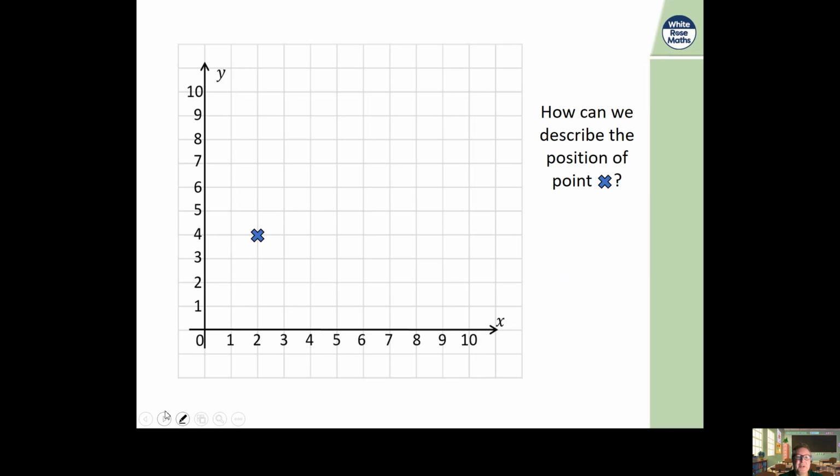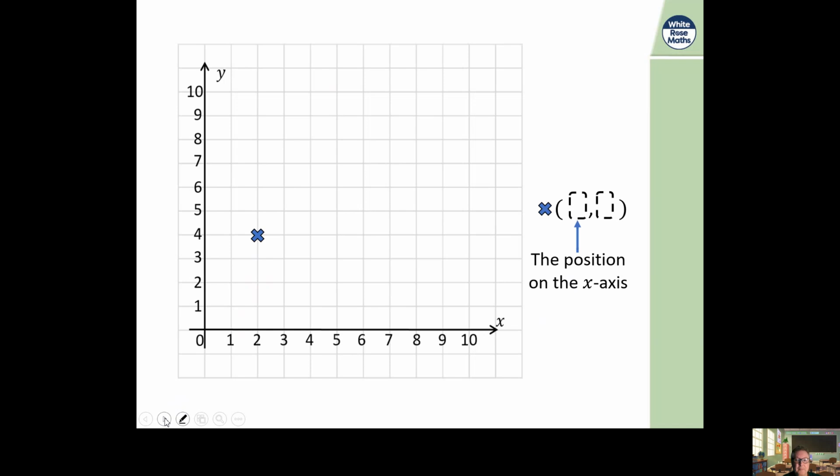So how can we describe the position of the point here? A couple of things for you to think about. Which order? 4, 2, 2, 4. Have a think. So the position of the x on the x-axis comes first.